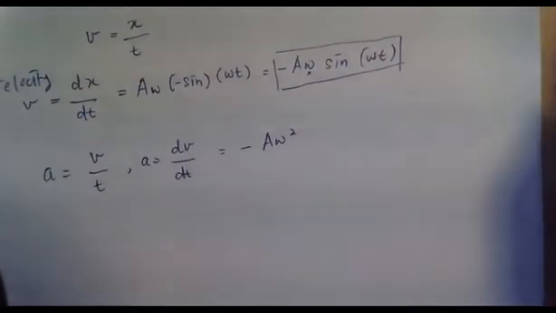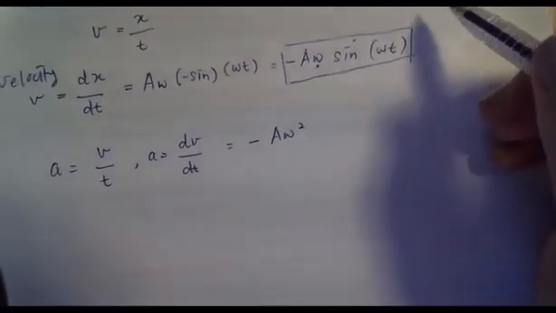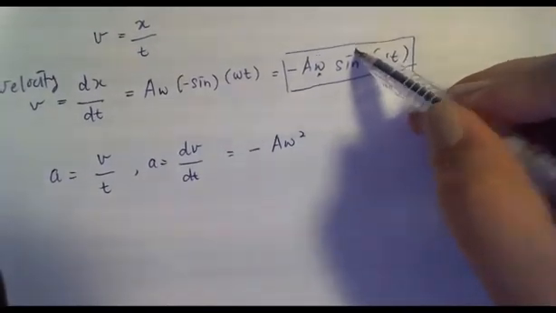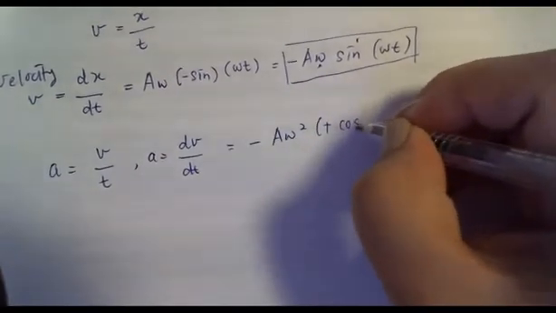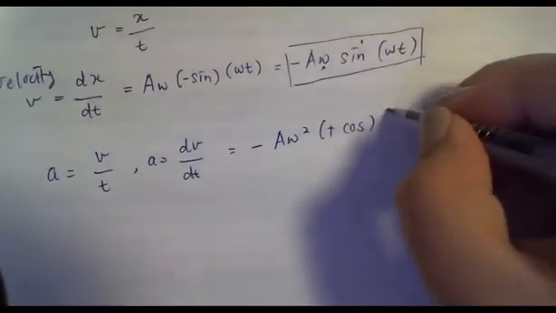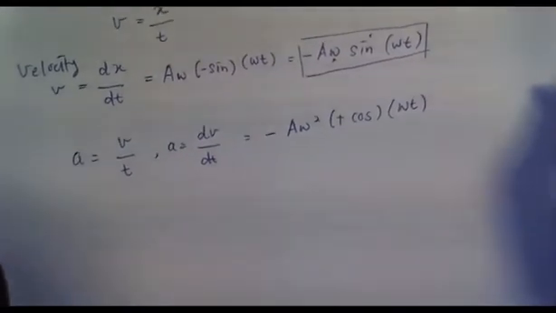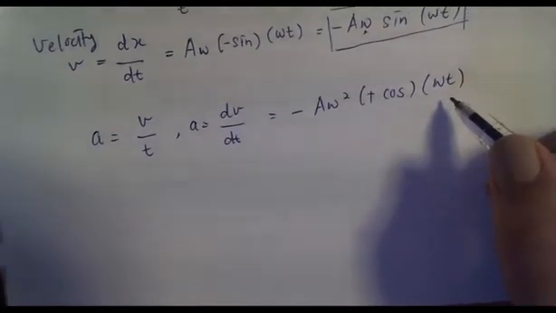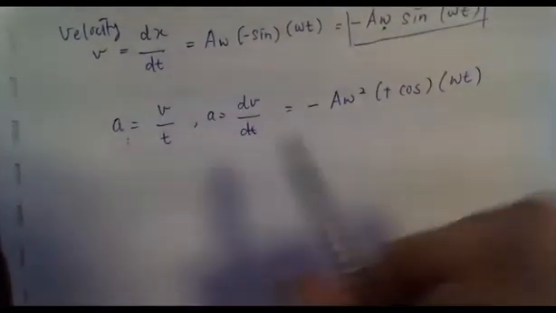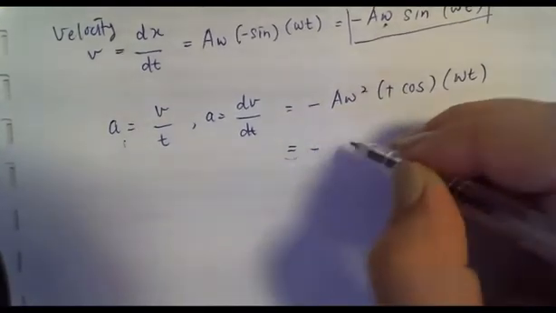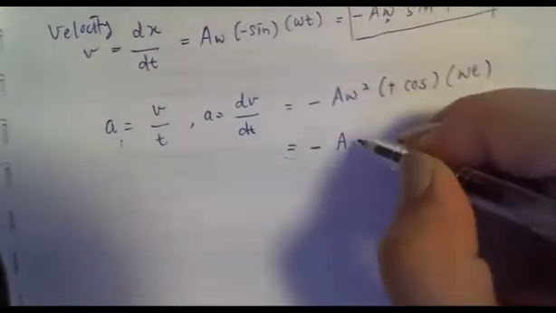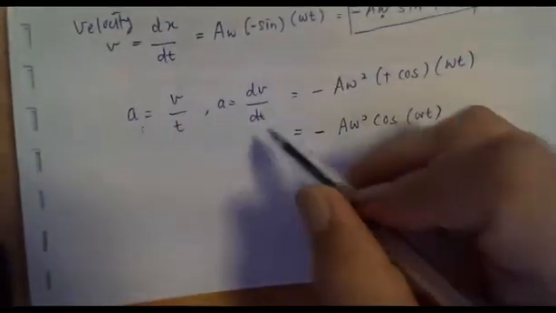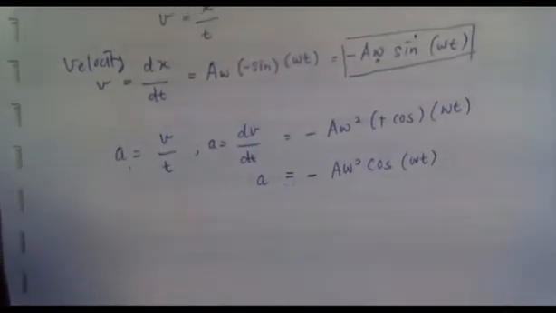Then when you differentiate sine, you get a positive cos, with omega t. So you finally get the equation of acceleration in SHM, which is negative A omega square cos omega t. This is the value of acceleration in SHM.